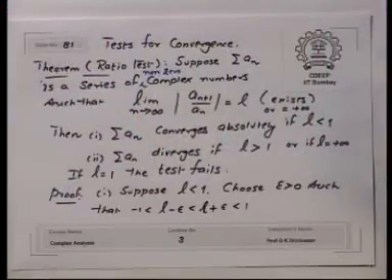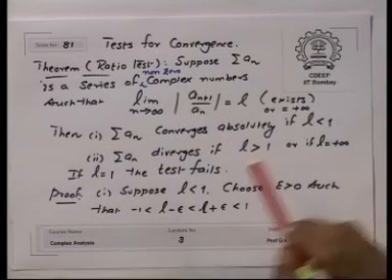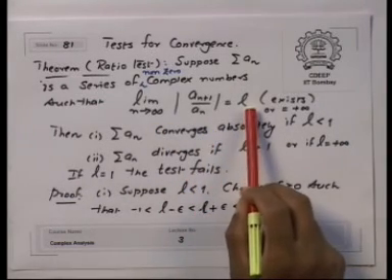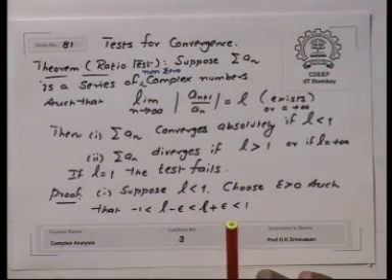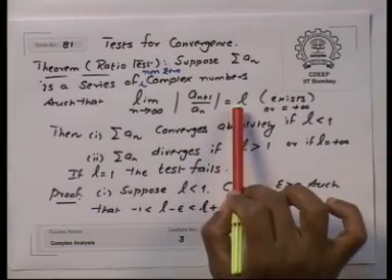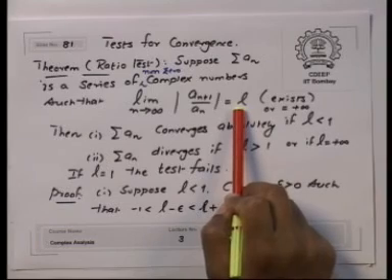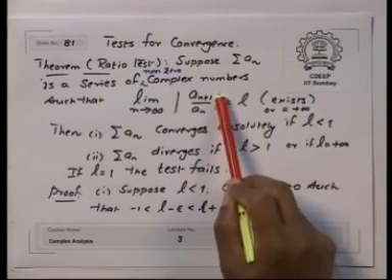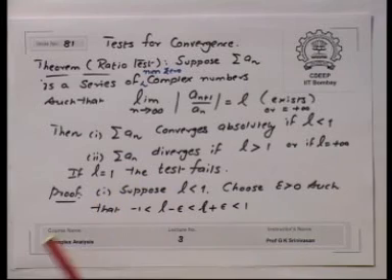Now, let us look at a few tests for convergence. The most basic tests for convergence are the ratio test and the root test. The ratio test: suppose sigma an is a series of non-zero complex numbers such that the limit as n tends to infinity of mod an plus 1 upon mod an equals L. I am assuming that the limit exists, either as a finite real number or as plus infinity.